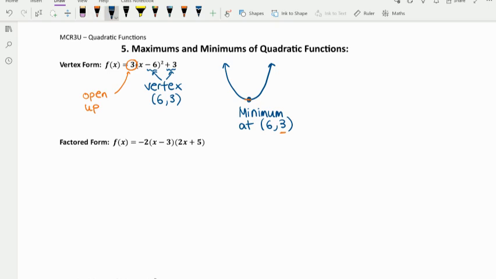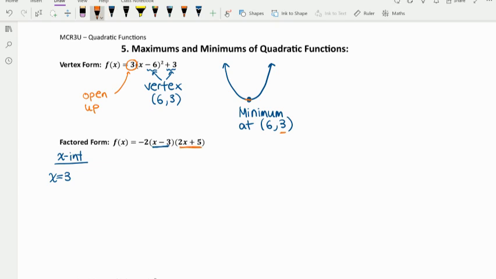If you are given the factored form, you can simply take the x-intercepts first. So you have one coming from the first bracket, and you have another one coming from the second bracket.